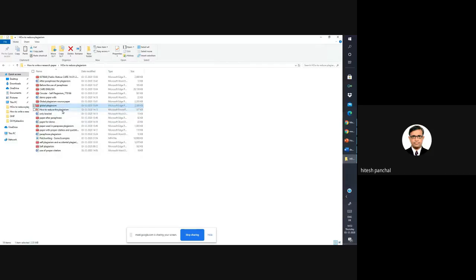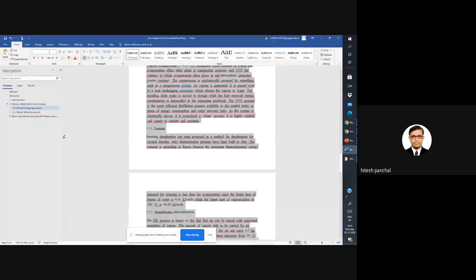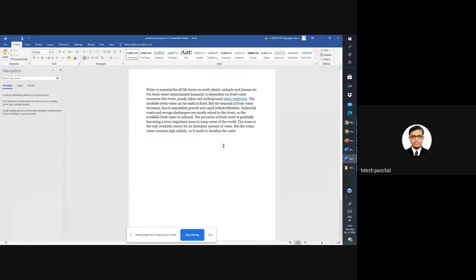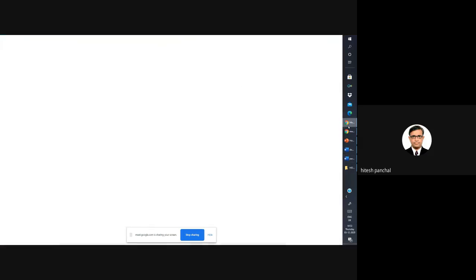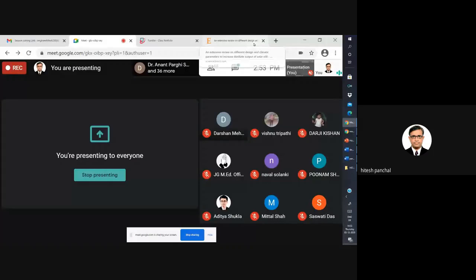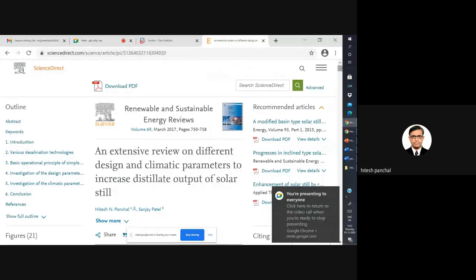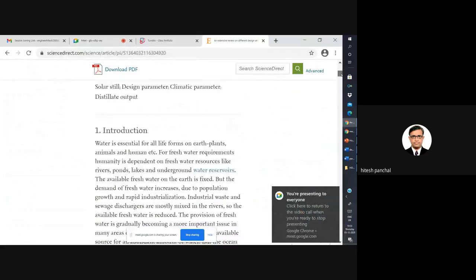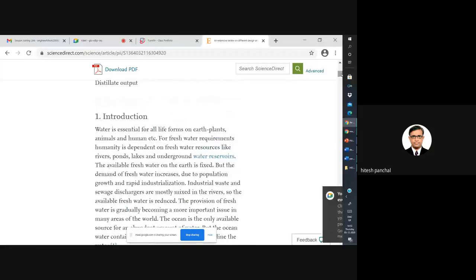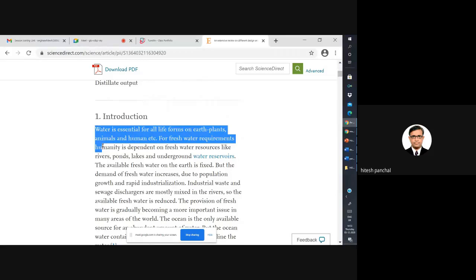Here I have put one thing for you. This is a sentence which I have taken from one of my research articles, from Renewable and Sustainable Energy Reviews. I have taken the first sentence of the introduction paragraph.